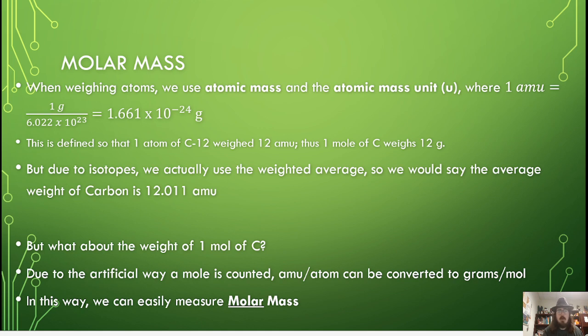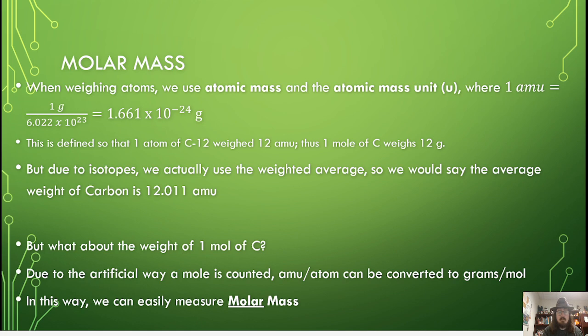And if we tried to grab 1 mole worth of carbon atoms, we wouldn't get all carbon 12. We would get occasionally some carbon 13, even some carbon 14 thrown in there. And so we give their average weight as carbon being 12.011 AMU.